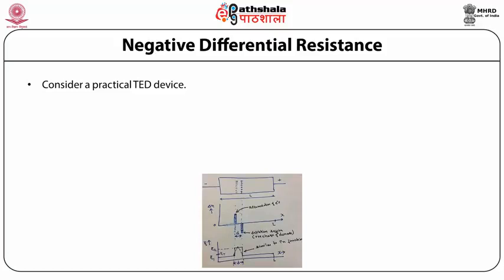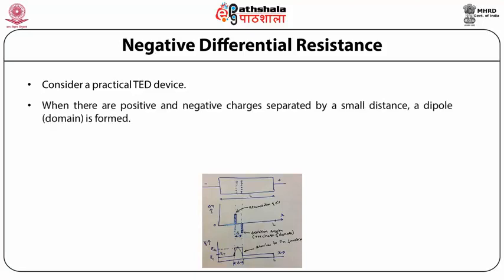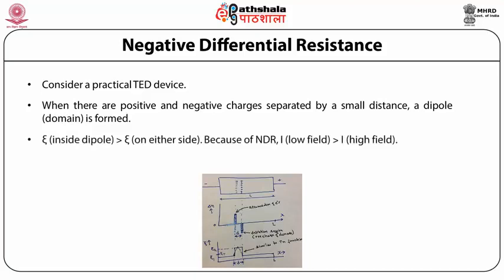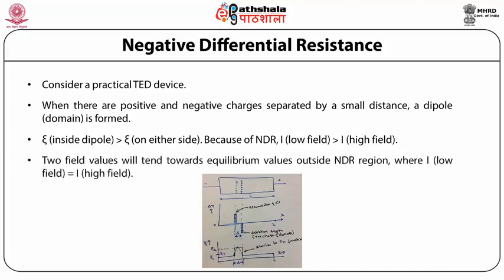Now consider a practical transferred electron device as shown in the figure. When there are positive and negative charges separated by a small distance, a dipole domain is formed. So the field inside the dipole is greater than the field on either side. Because of NDR, first the low field is greater than the high field, so the two field values will tend towards the equilibrium values outside the NDR region, where the low field current equals the high field current, as shown in this figure.